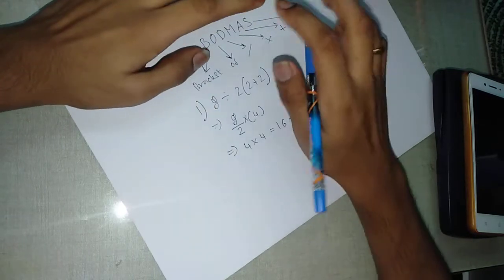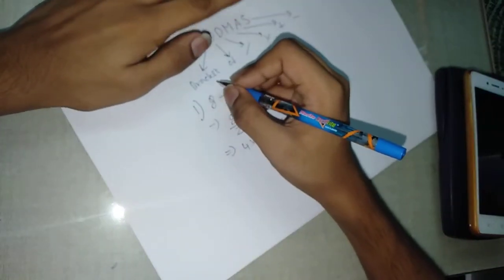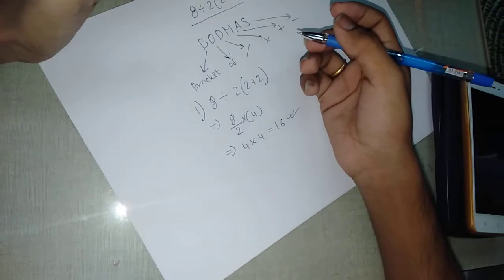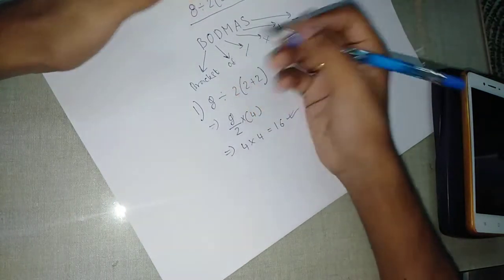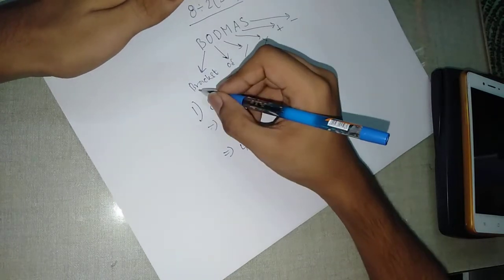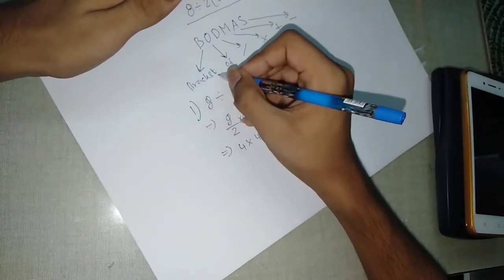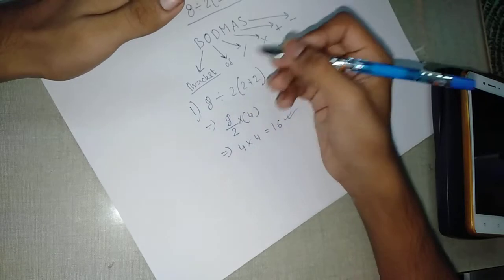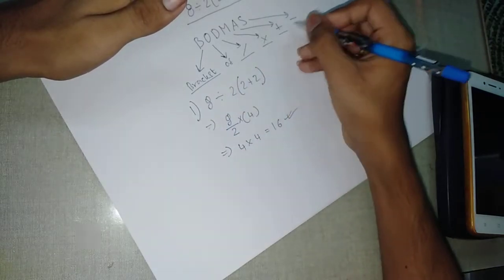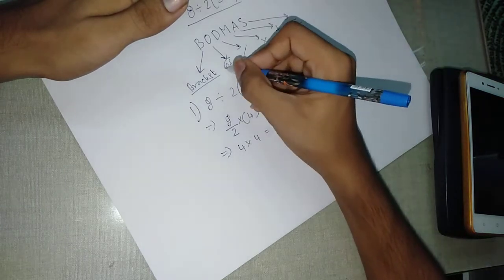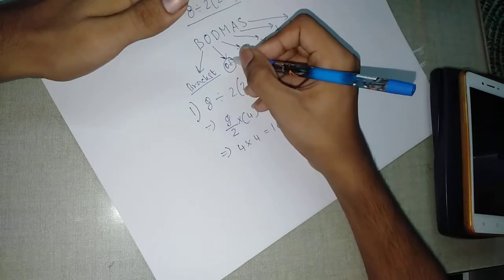Why? Because think, when we do mathematics, if you are a student or a mathematics teacher or anything, you might find this common: we generally use the bracket, division, multiplication, addition, subtraction. We don't come up with this thing, of.